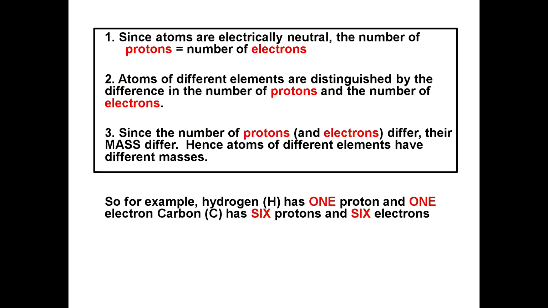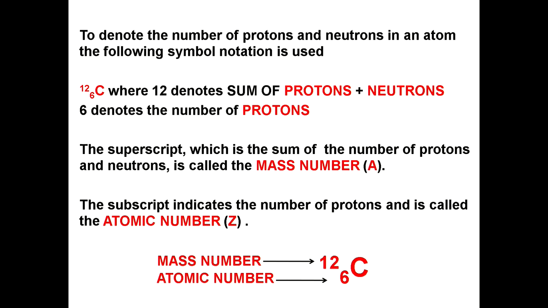If an atom has one electron or proton, we call it hydrogen. If it has 6, we call it carbon. We can also describe an atom this way, for example carbon 12, 6. There are 2 numbers here.